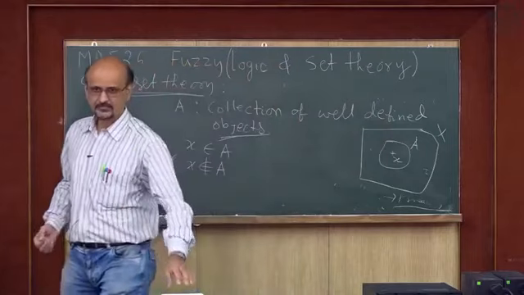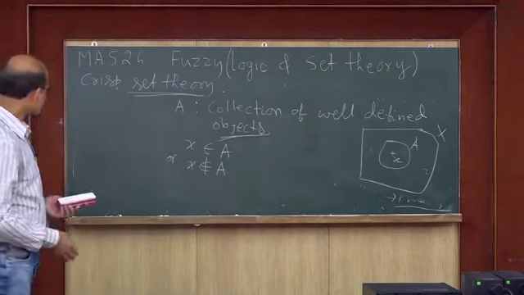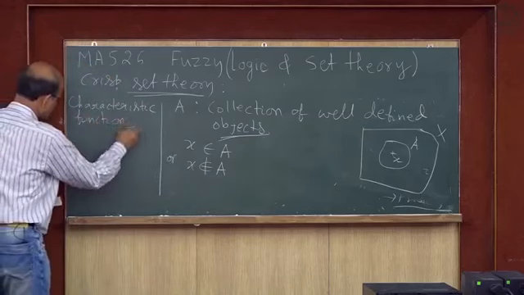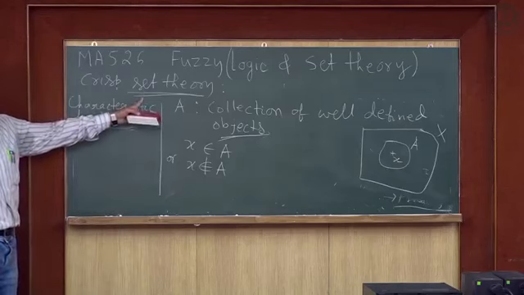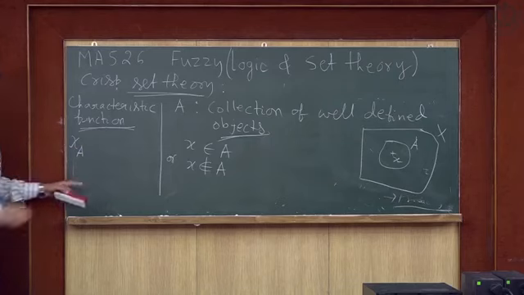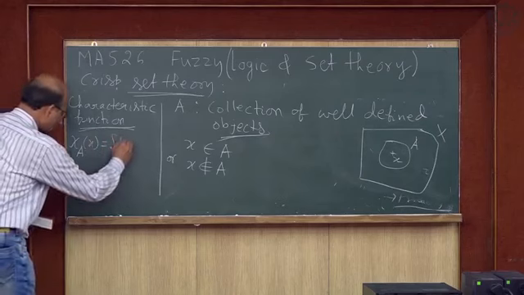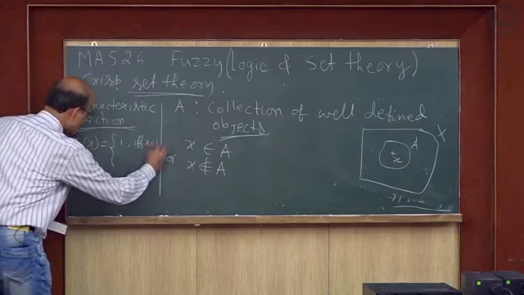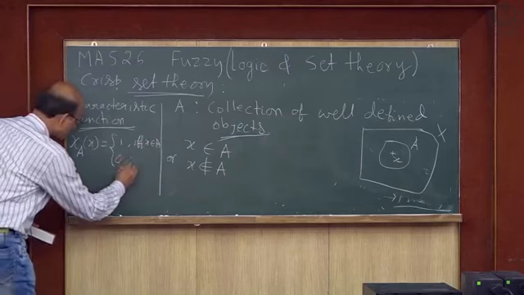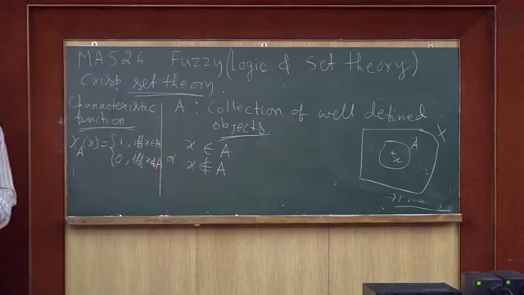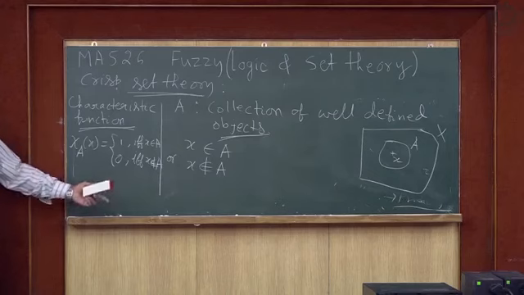So, what about the characteristic function? If I define the characteristic function for the set A, I can write chi A of x is equal to 1 if and only if x belongs to A, and 0 if and only if x does not belong to A. This is your definition, straight away 2 answers.